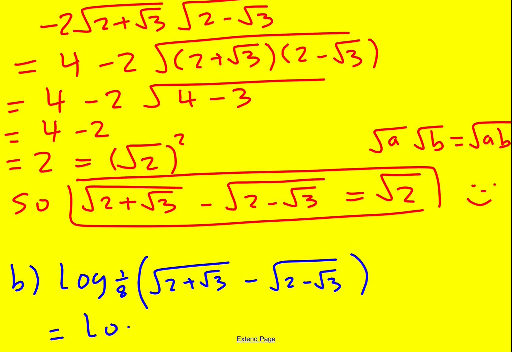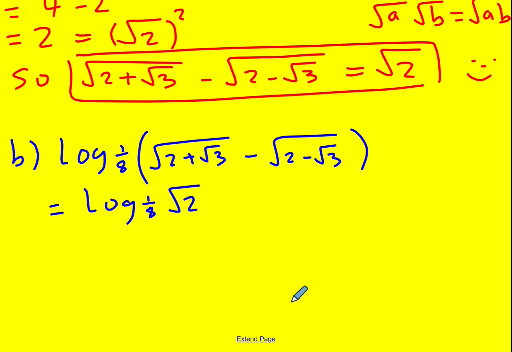Well, first things first, we can write that it is log base 1/8 simply of root 2. There's a couple of ways we can deal with that now. I'm going to go the route of trying to get this in terms of 1/8. So first things first, I can write it as log base 1/8 of 2 to the half.